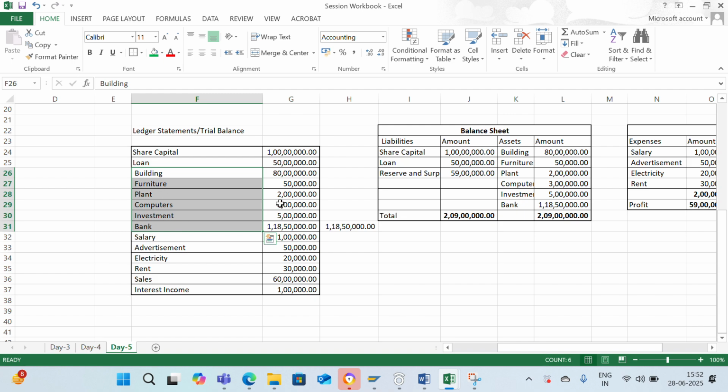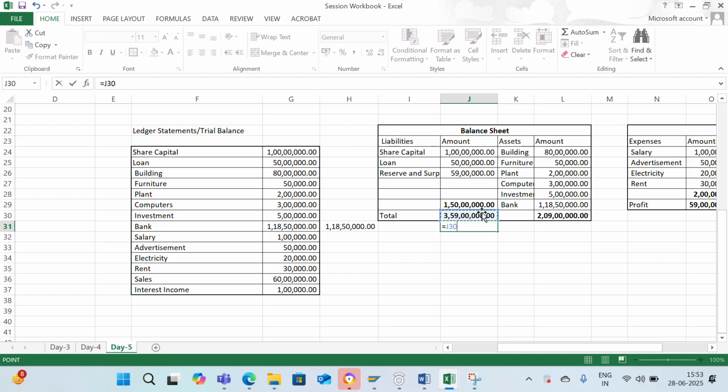All my assets total to 209 lakh. All my liabilities before reserves and surplus total to 150 lakh. So there was a difference of 59 lakh, which is nothing but the profit amount.